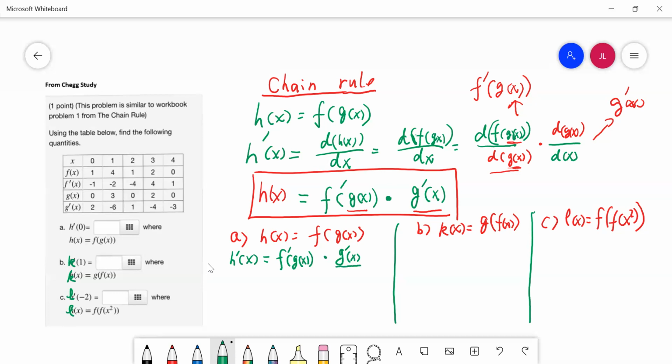So we're going to look at h derivative at 0. This is f derivative at g(0), where g(0) is the value of g when x is 0, times g derivative at 0. So we just plug in 0 to the x.